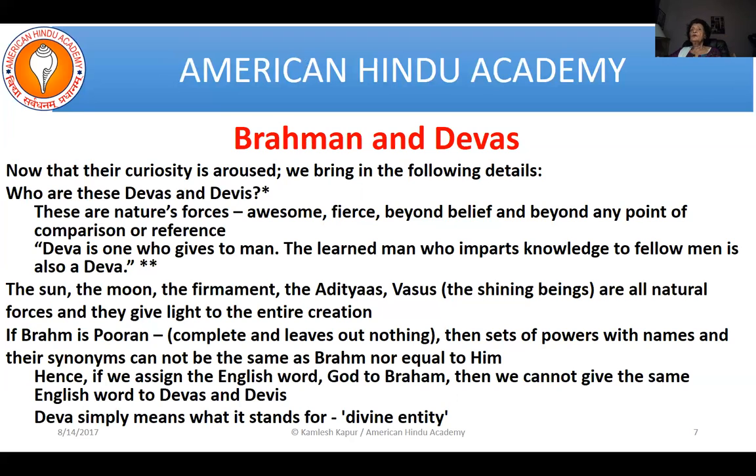The sun, the moon, the sky, the Adityas, the variations in the revolution of the earth, and the shining bodies in the sky, all of these are devas. They give us in some way or other. So now we are trying to distinguish between the specific energies which give us this.